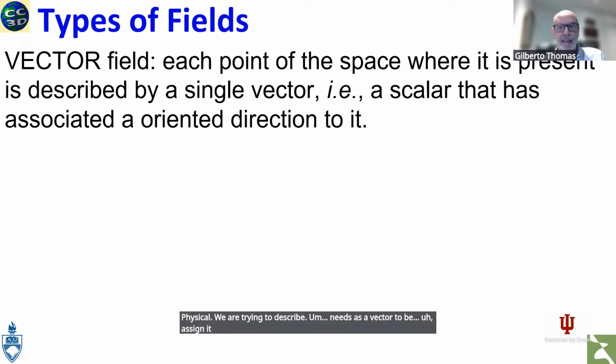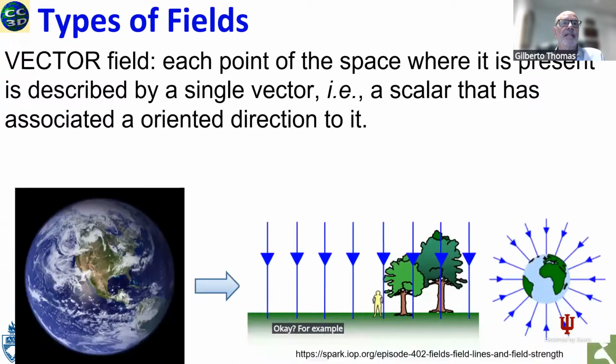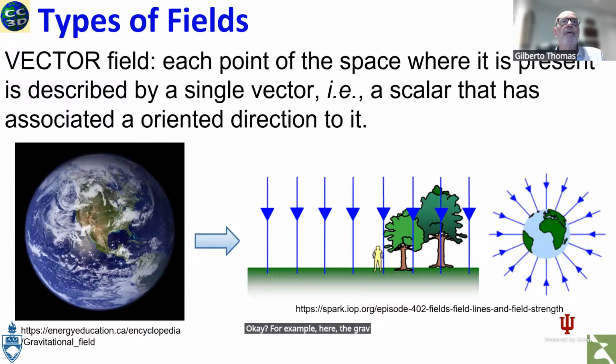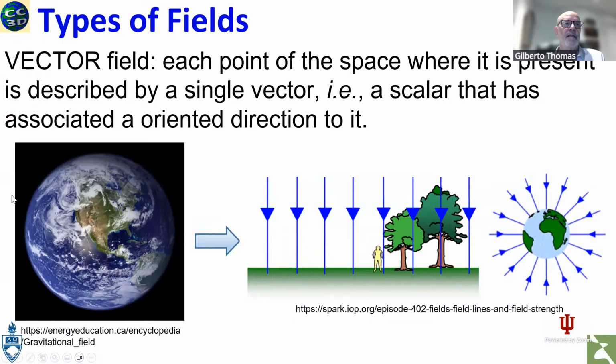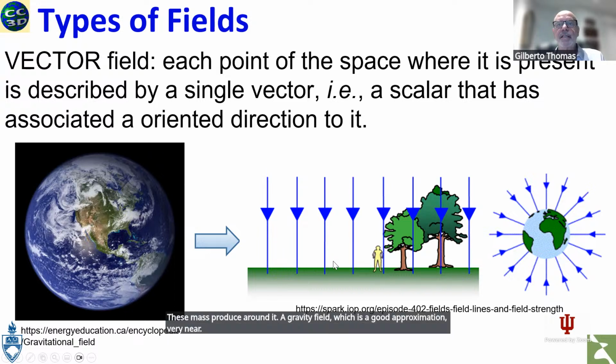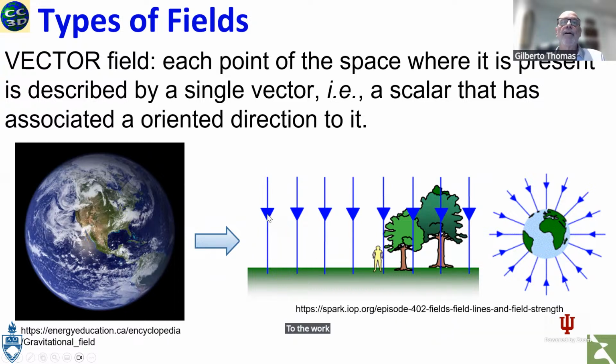For example, here, the gravitational field. What is the quantity here? The quantity is the mass of the Earth. This mass produces around it a gravity field, which, in a good approximation very near to the Earth, has vectors pointed towards the Earth.